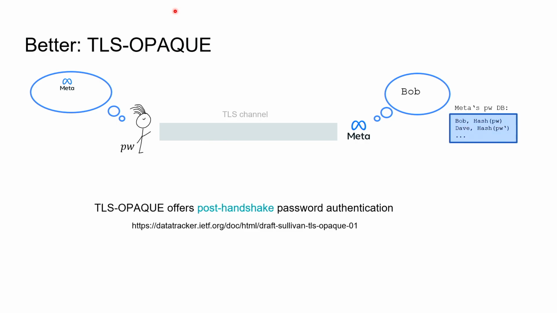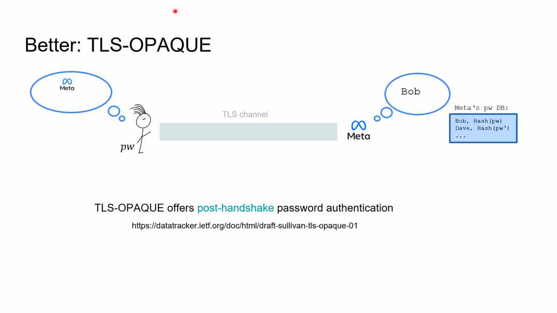In the client-server setting, where we have a server storing something like a password file, a database of password hashes, for example, TLS-OPAQUE allows, after establishment of the channel, to add password authentication to this channel. Okay, so here in this example, Bob has the password.